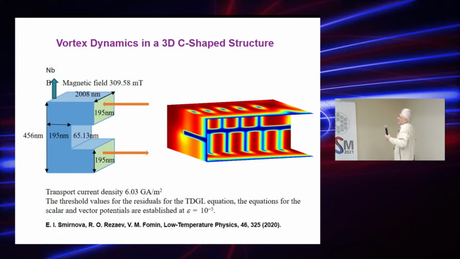plate is 200 nanometers thick, and if the distance between two plates is about 60, 70 nanometers, these two sets of vortices which develop in both plates practically do not feel each other. This size is enough to prevent inductive interaction between them.